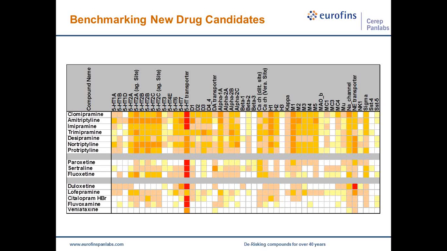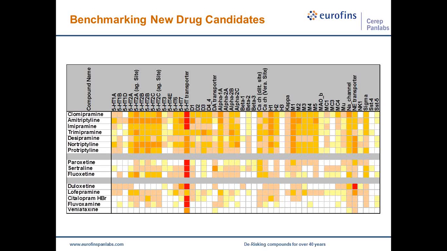The drugs themselves are on the vertical axis, and the targets are on the horizontal axis. As this is a heat map, red shows a strong hit and white shows little or no hit. These have been grouped somewhat historically. This is sort of the medicinal history of antidepressant drugs at some level.